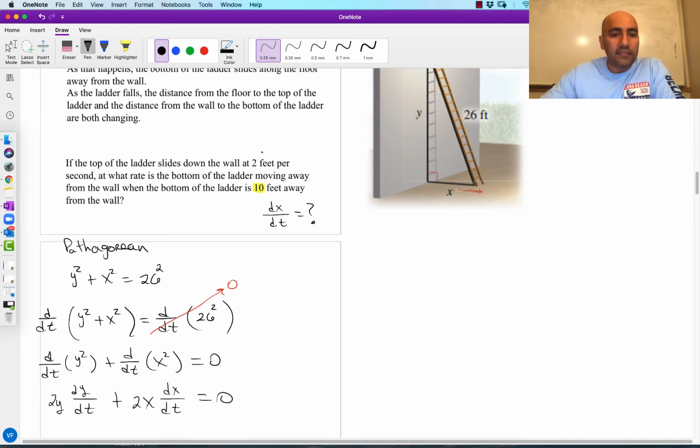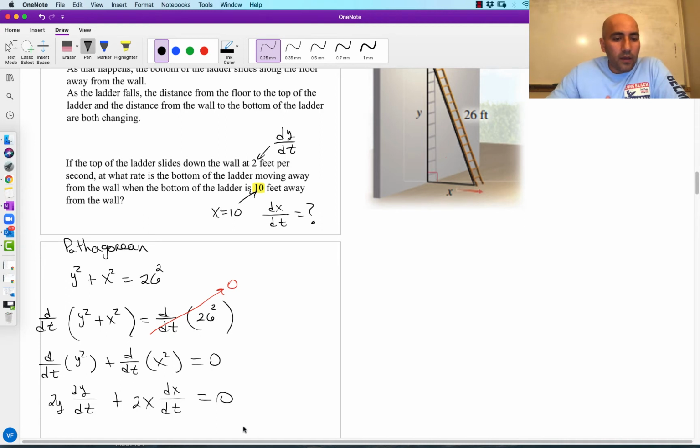That's what they want to know. And dy dt is what they gave us. They gave us an indication of how the y variable is changing with respect to time. They want to know how the x variable is changing with respect to time. And this is at a point when x equals 10.